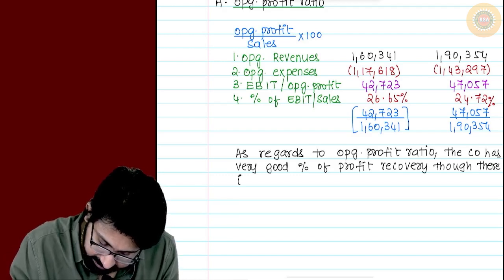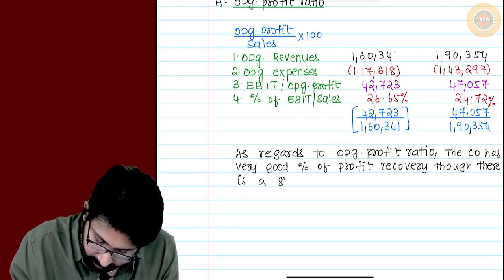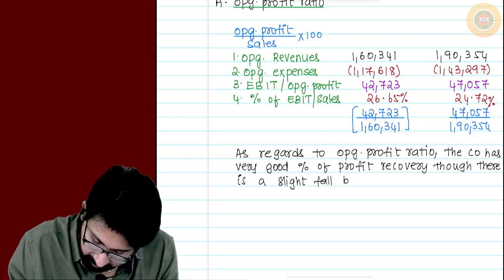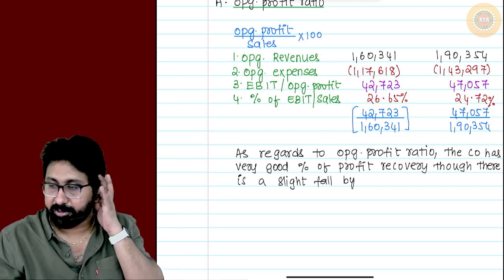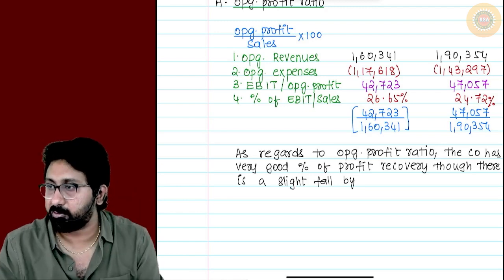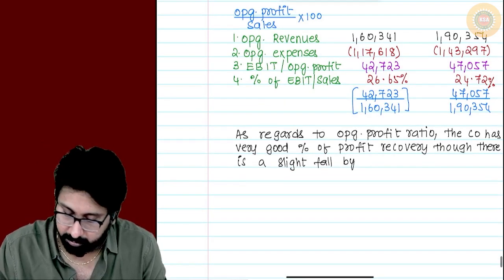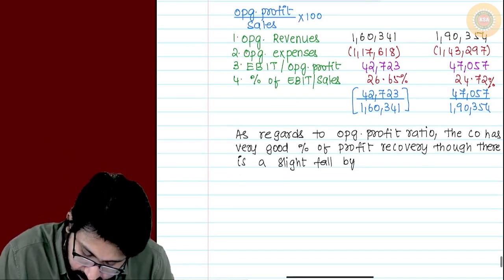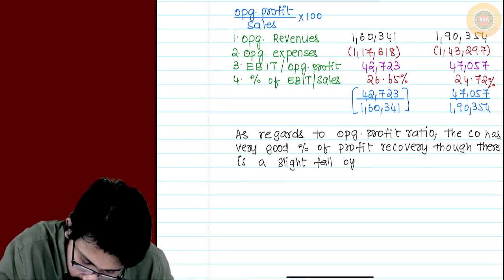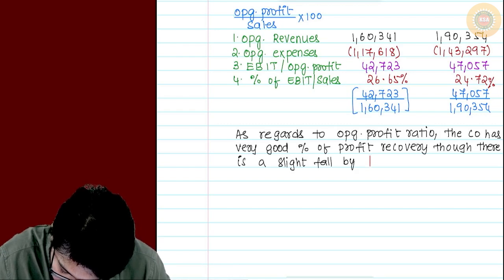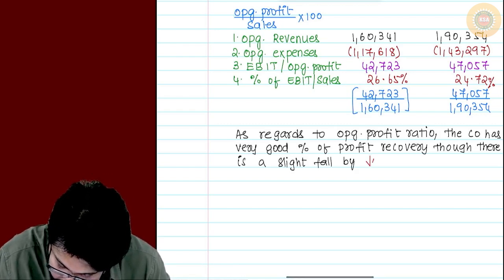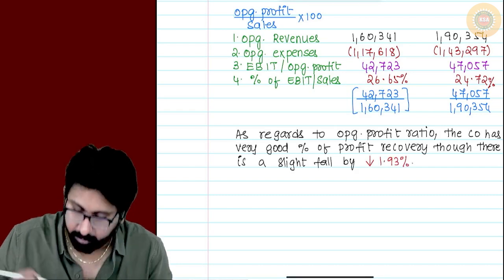Though there is a slight fall by percentage change, you tell me, 26.65 minus 24.72. How much? 1.93.